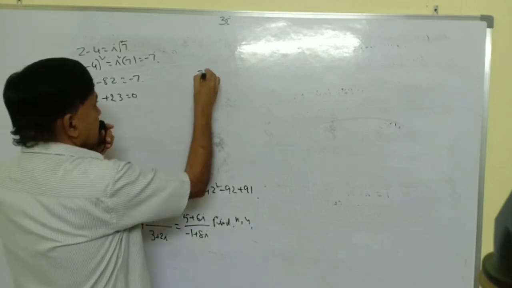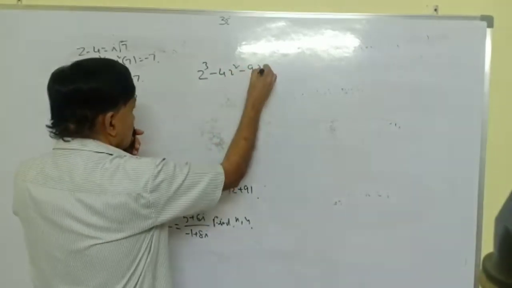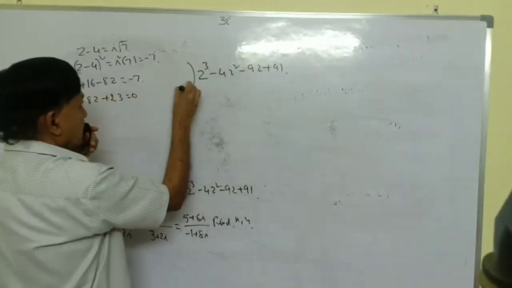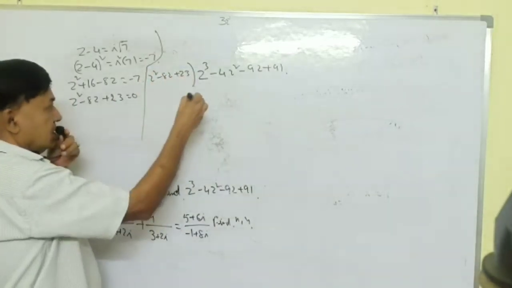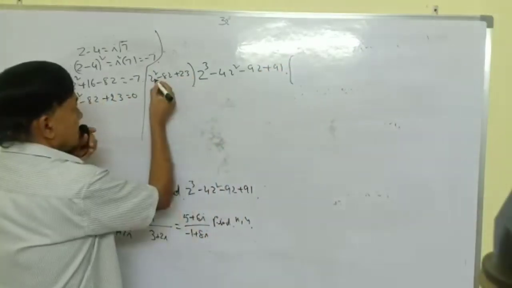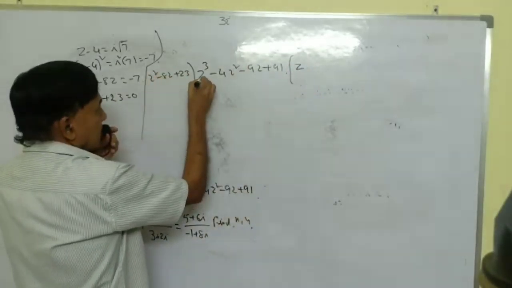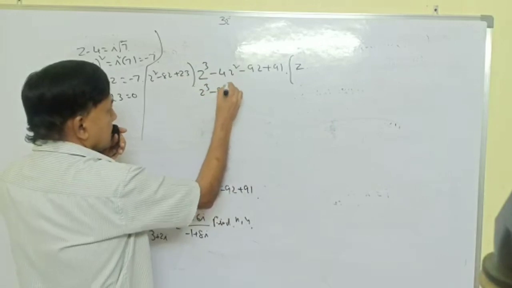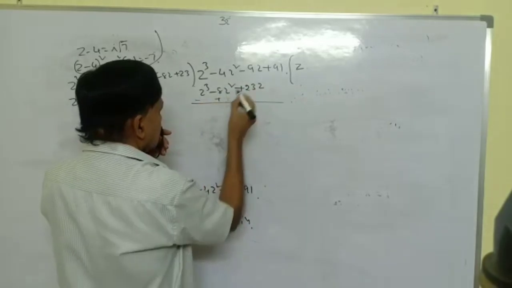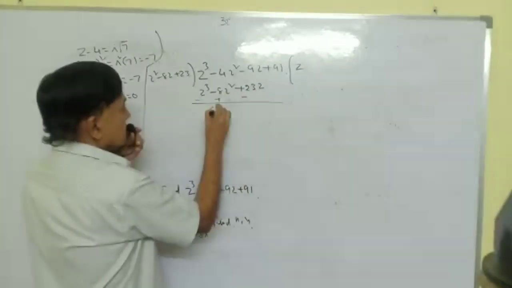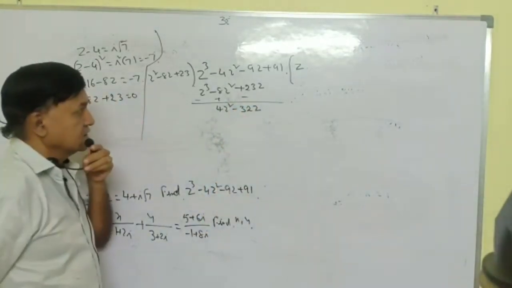Now you divide z cube minus 4z square minus 9z plus 91 with z square minus 8z plus 23. Divide it. I think all of you know how to divide. So you can put z here. I have to make this 0. So z cube minus 8z square plus 23z, minus plus minus. So you will get 4z square minus 32z.